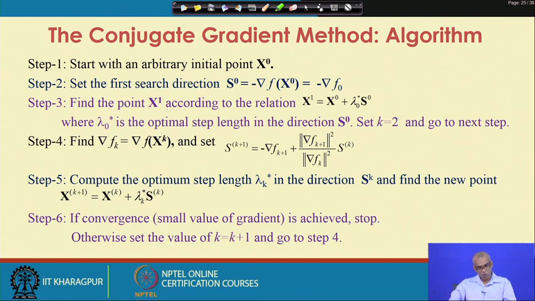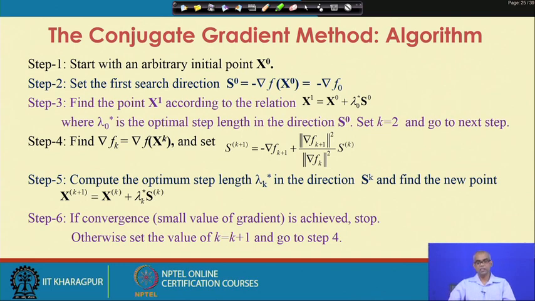In step 4, we find the gradient of f. Let us consider this as the kth step. So, we find the gradient of f at x k and set the search direction for the k plus 1 step as s k plus 1 equal to minus gradient at x k plus 1 plus norm square of gradient evaluated at x k plus 1 divided by norm square of gradient f evaluated at x k, into the search direction at x k.